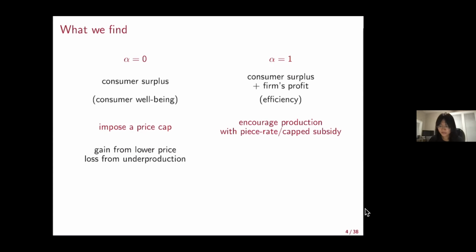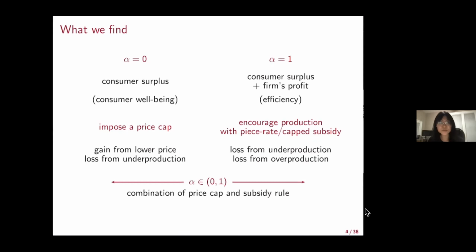On the other hand, the regulator would cap the total subsidy he is willing to give, so he doesn't incentivize too much overproduction through his subsidy. Now, the optimal piece rate and the cap on the subsidy balance the loss from underproduction and the loss from overproduction. Okay. Now, for every parameter alpha in between, the optimal policy is a combination of this price cap and the piece rate subsidy rule.